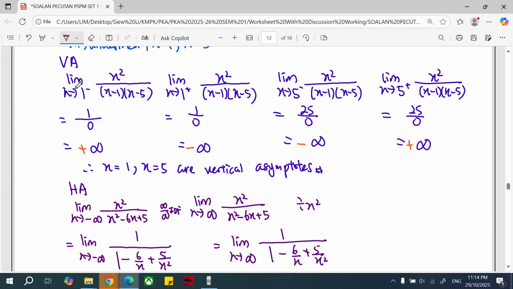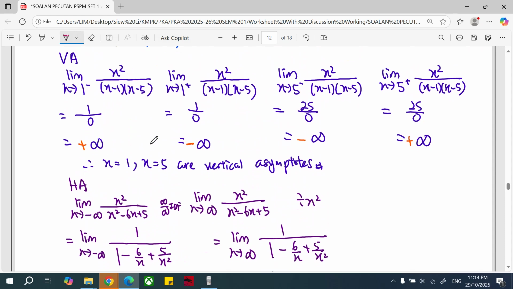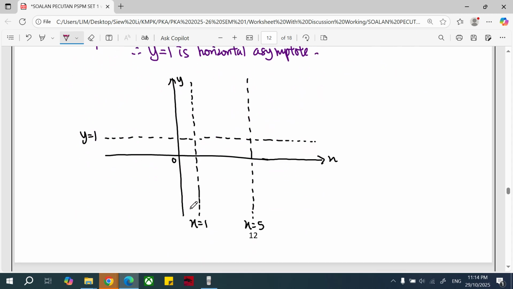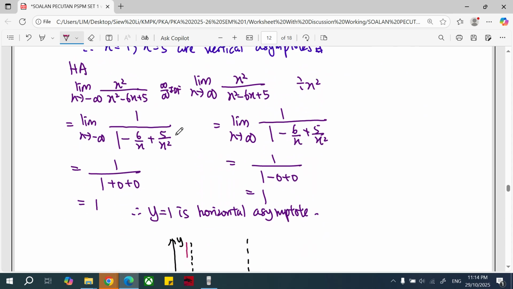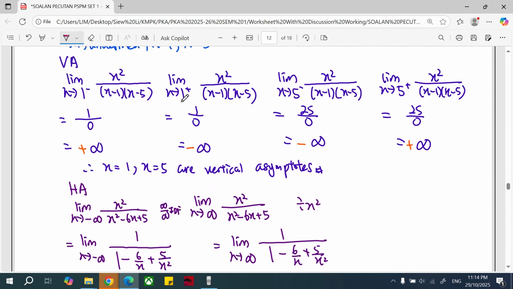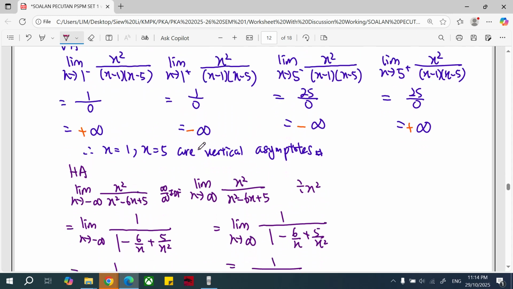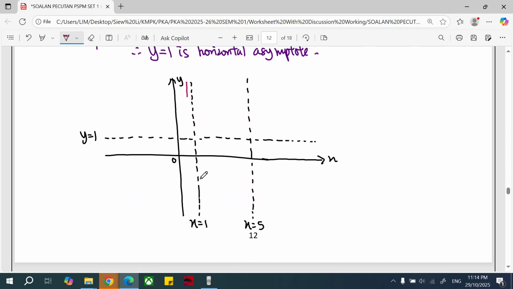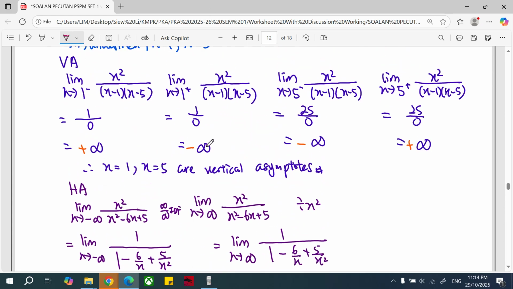When x approaches 1 from the left-hand side, our function goes to positive infinity, meaning the function is going up. Second calculation here, x approaches 1 from the right. The function answer is negative infinity, meaning your function is going downward, going as negative as it can.